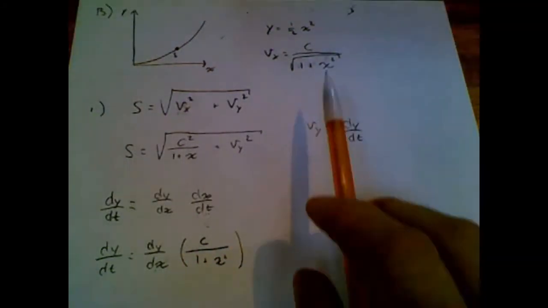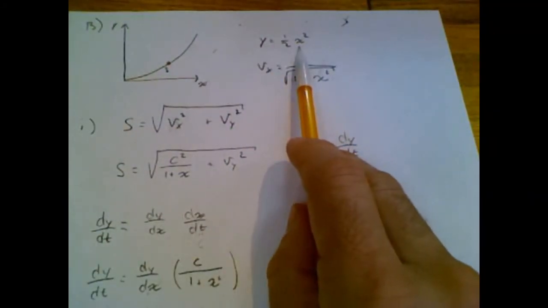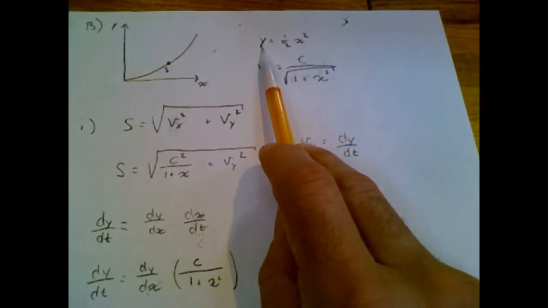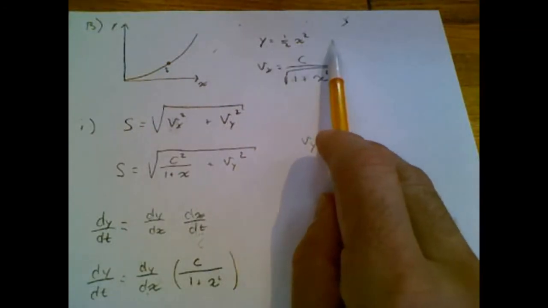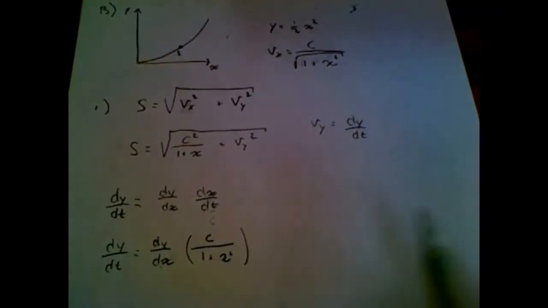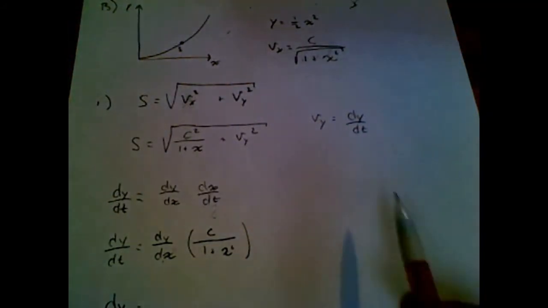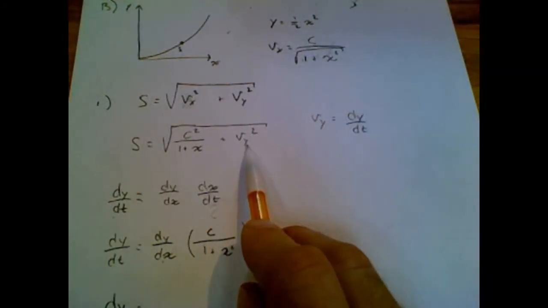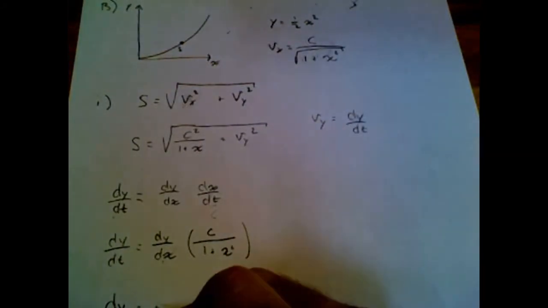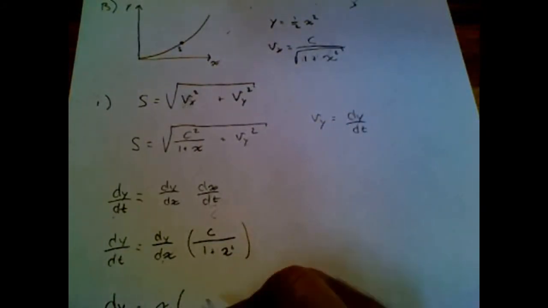Well, what is dy/dx? Hey, dy/dx is just x, right? The derivative of 1/2 x squared with respect to x, the 1/2 goes away, is just x. So now I have dy/dt equals, and again, this is all getting plugged into my velocity, this is where I started, x times c over the square root of 1 plus x squared.